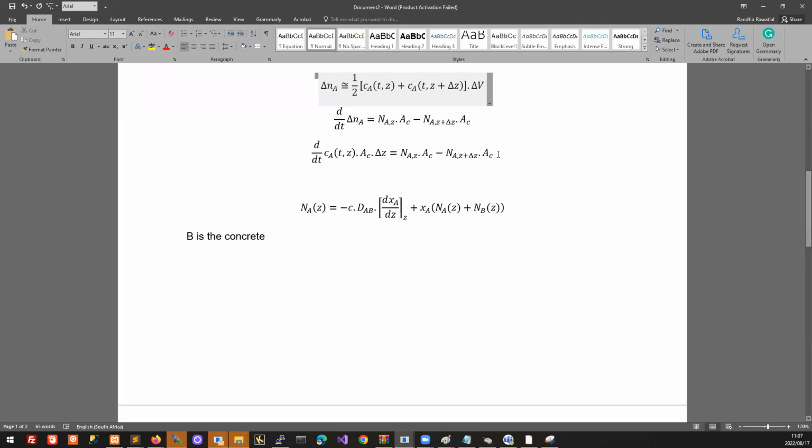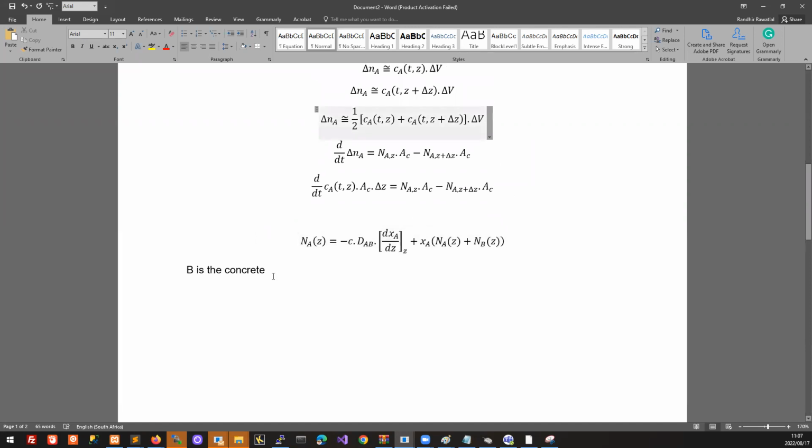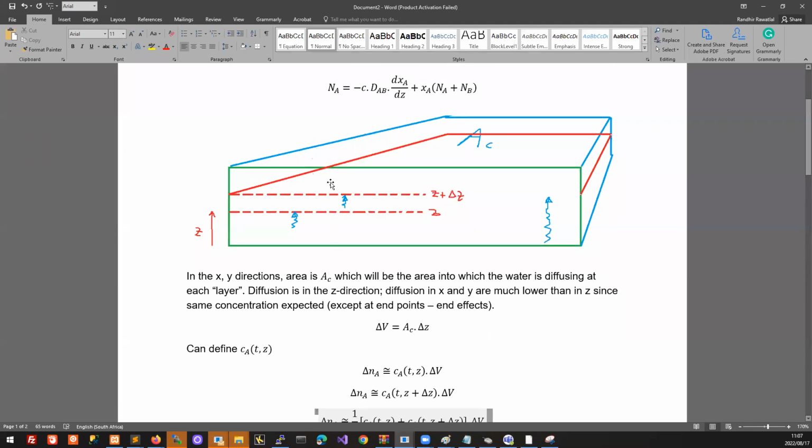It's still hardening, so it can be in equimolar counter diffusion to A, but that's not the majority of what's going to happen, right? Initially, that may be true, but as the concrete sets, the majority of the challenge to mass transfer in this direction is going to be due to A having to diffuse around the B that's set.